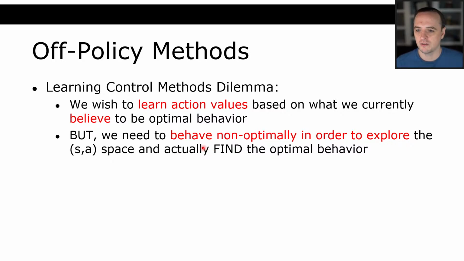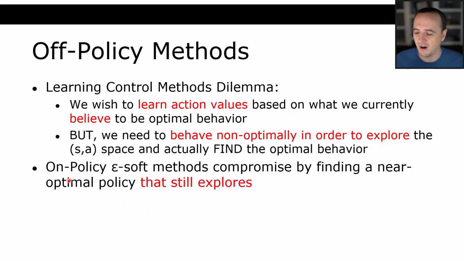Because in order to find the optimal behavior, we need to behave non-optimally, right? So we need to explore in order to find the optimal behavior. But of course, the optimal behavior is not exploring. The optimal behavior is like a set path, right? But we need to explore in order to find it.